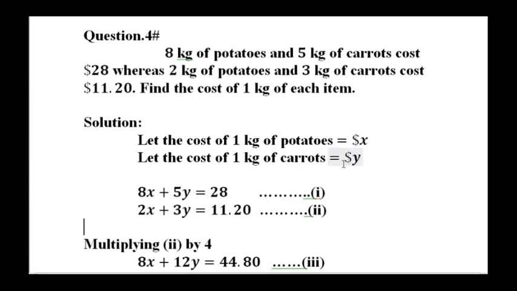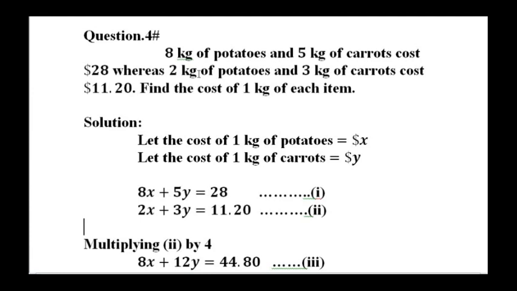carrots is Y dollars. Based on the given conditions, the cost of 8 kg of potatoes and 5 kg of carrots together is $28. So we can write the equation 8x plus 5y equals 28.